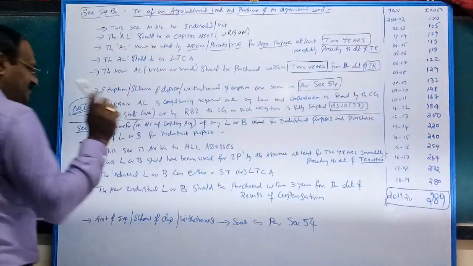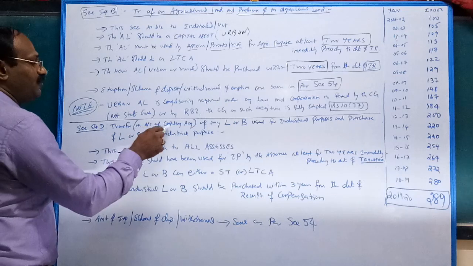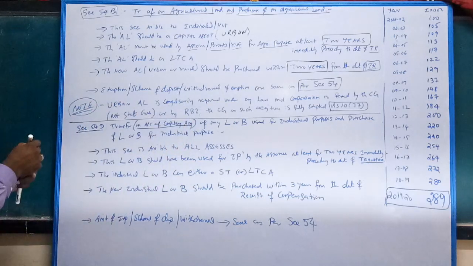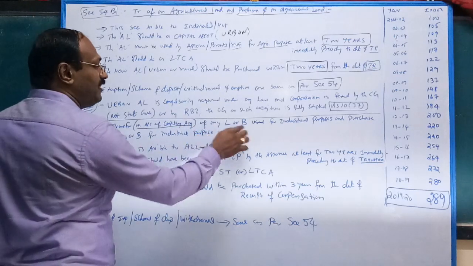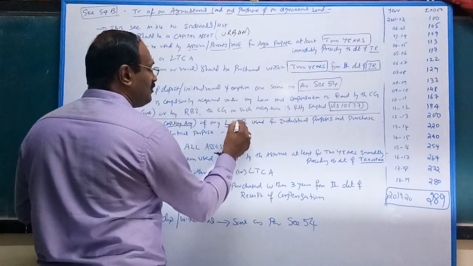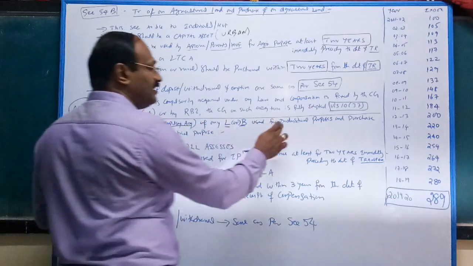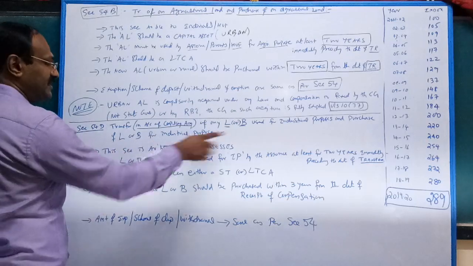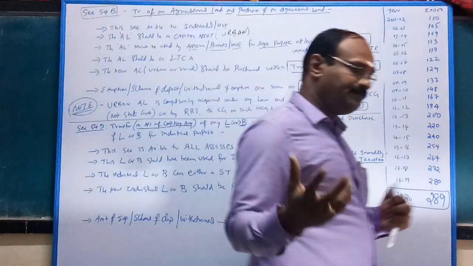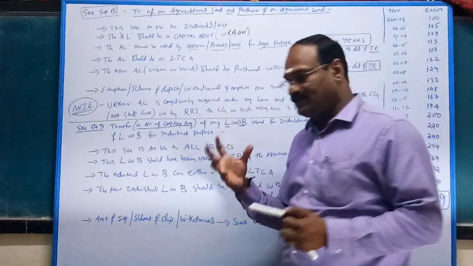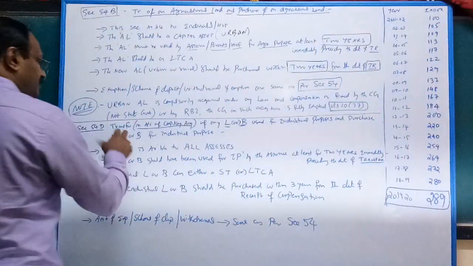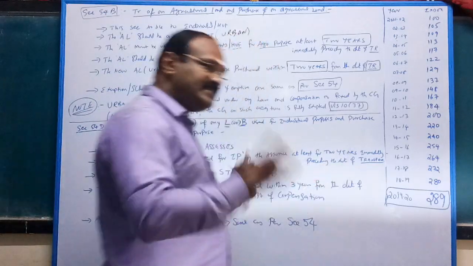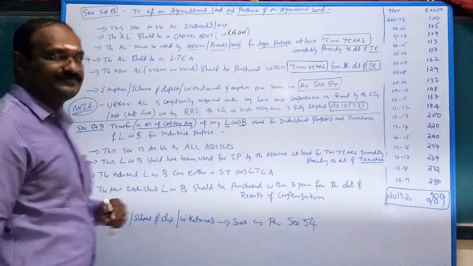What is 54D? Compulsory acquisition. Transfer on account of compulsory acquisition of any land or building used for industrial purpose, and purchase of land or building for industrial purpose.